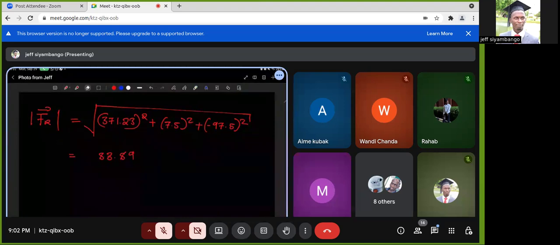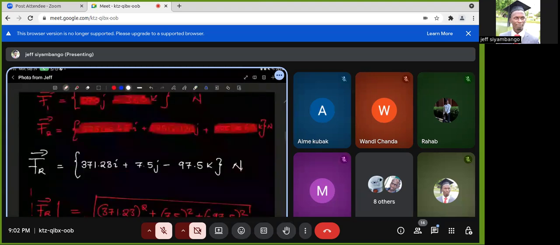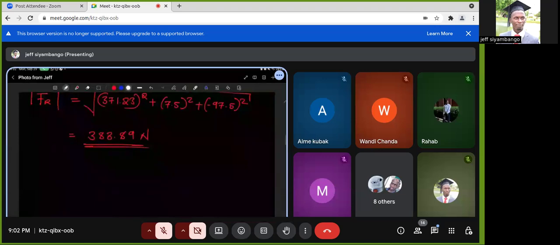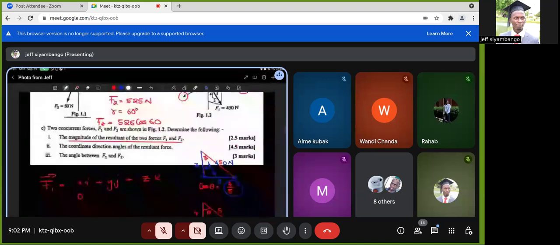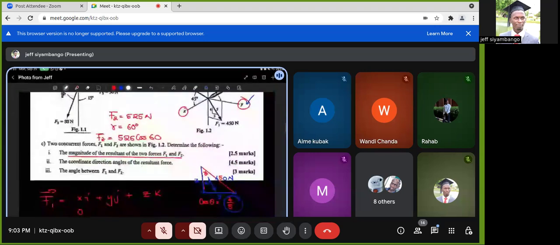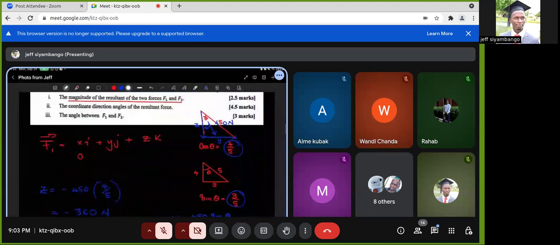Okay, so the others can verify this. Once you've obtained that, that answers the first part, the magnitude of the resultant. The next part is the coordinate direction angles of the resultant.